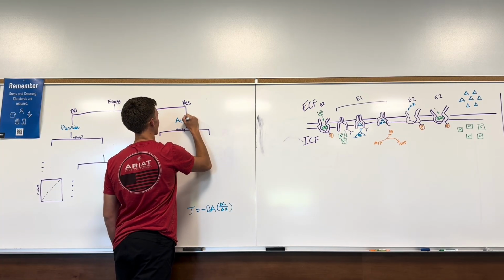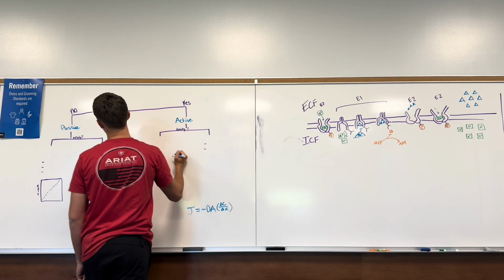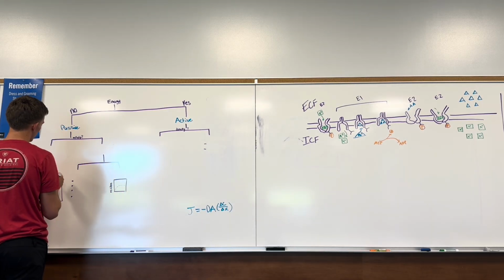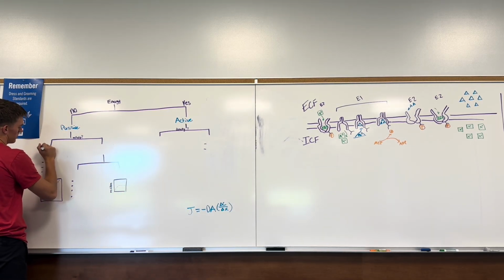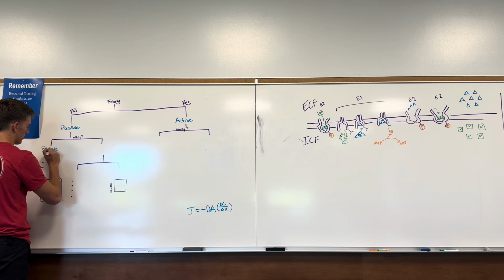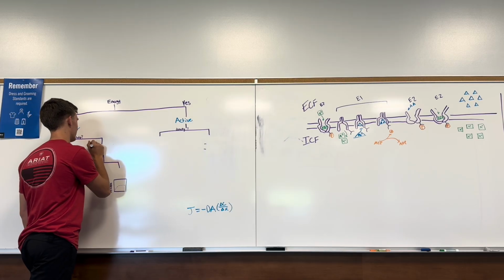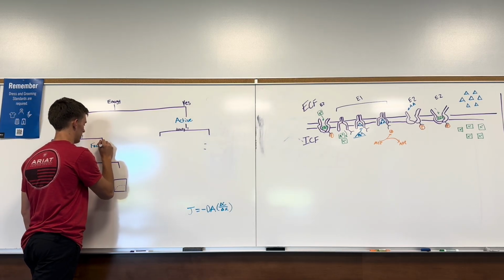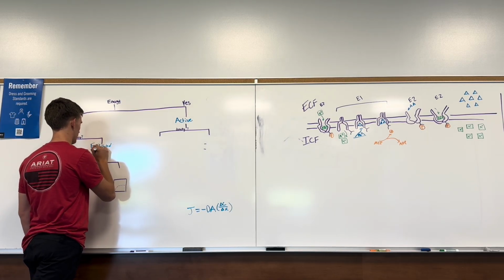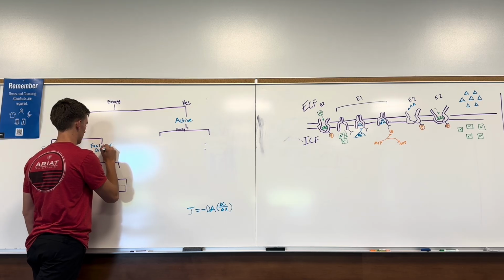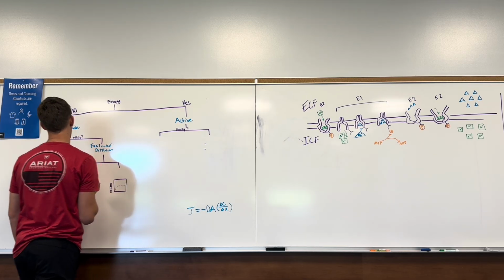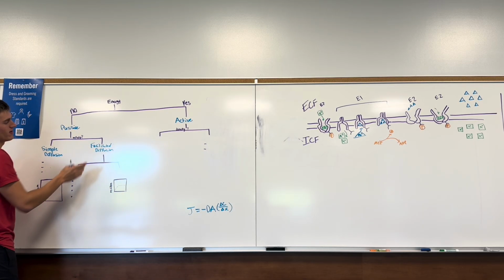And then there's active. And so the two different types of passive transport are what's called simple diffusion and facilitated diffusion. And what that really means is doesn't need help or not.